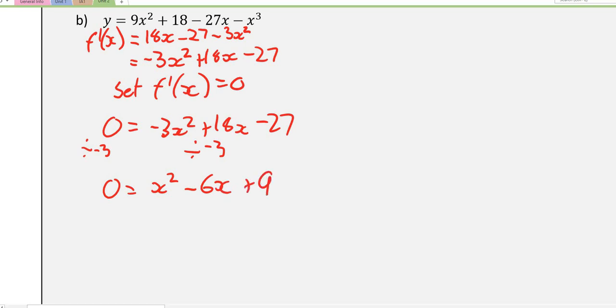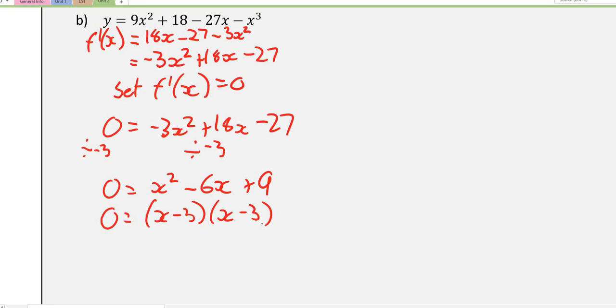Now, this looks like we should be able to factorize it, hopefully. Can I think of two numbers that multiply to positive 9 and add to negative 6? What are the numbers that multiply to make 9? Negative 3 and? Yeah, negative 3 squared. So 0 equals x minus 3, x minus 3.